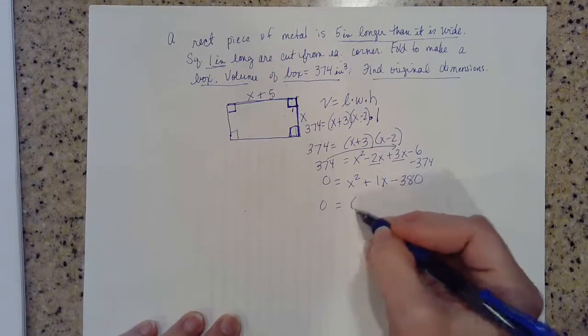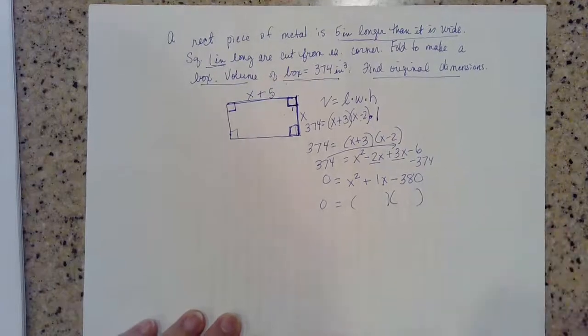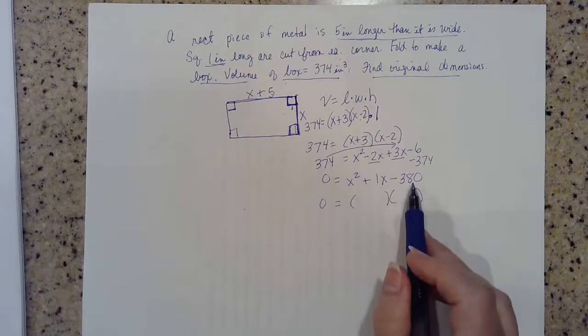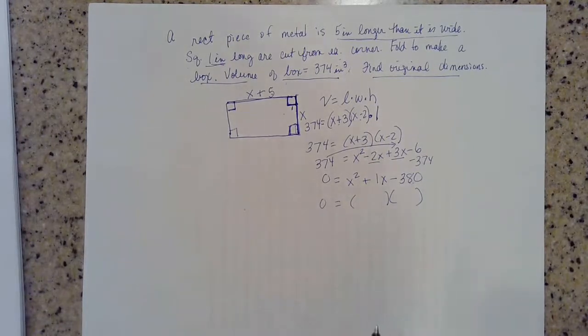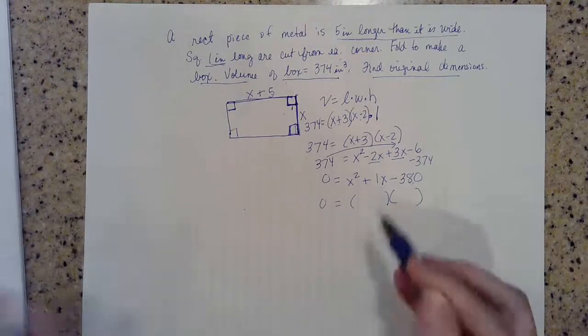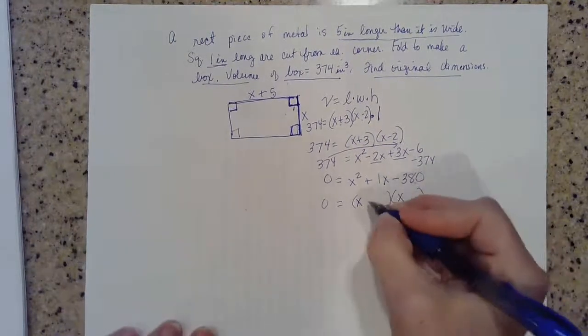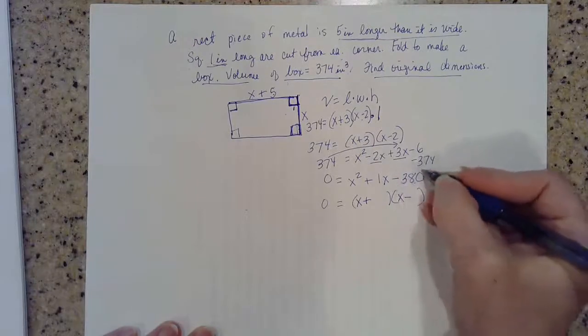Or you can factor it. I don't know right off the top of my head what multiplies to be 380. I'm thinking 38 times 10 is 380, but that wouldn't give me a 1 in the middle. I know it's going to be x times x, and the signs are different to get a negative last term.